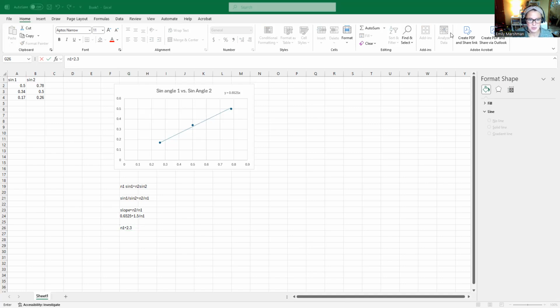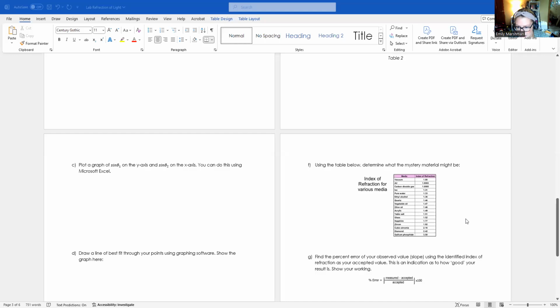So let's go back and look at our lab again and see what that means. At the end, it gives you a list of the index of refraction for various materials. So my index of refraction was 2.29. So potentially it could have been cubic zirconia or diamond.